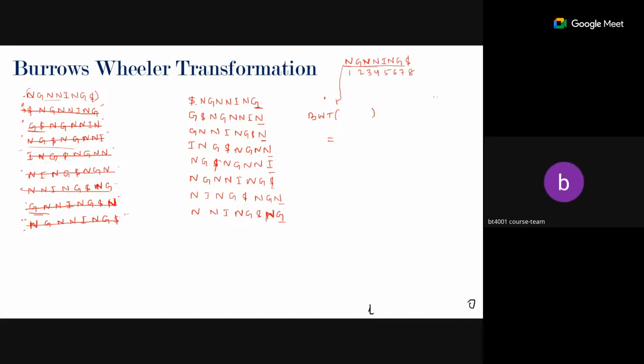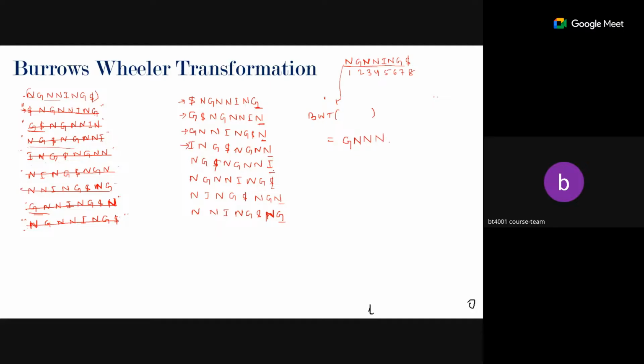So you take the last character of the first one, which is G, so we have G. Then the last character of the second one is N, so you add N. Then the last character of the third string is N. Then the last character of this string is N.